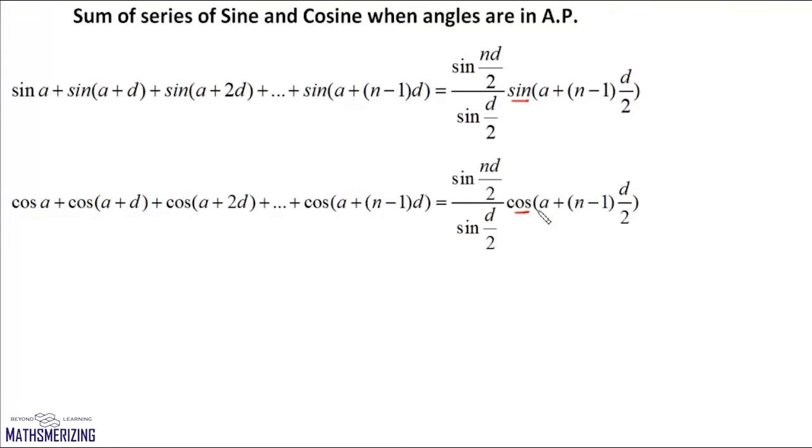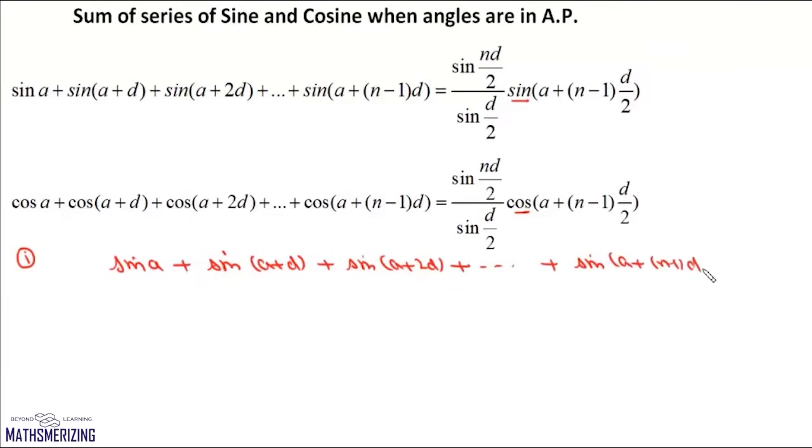We'll prove the formula by two methods, and the first method is using trigonometry. We'll start with this first series, which is sine A plus sine A plus D plus sine A plus 2D, and it goes all the way up to sine A plus n minus 1D. Now we'll multiply and divide everything by 2 sine d by 2.